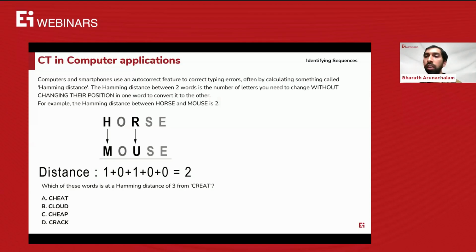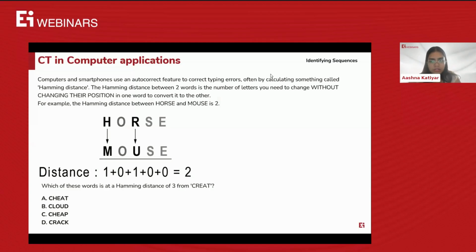Let's have 10 more seconds. So most of you have answered option B, that is cloud, and 38% of you have answered option C, that is cheap, and some of you have answered option A and D.